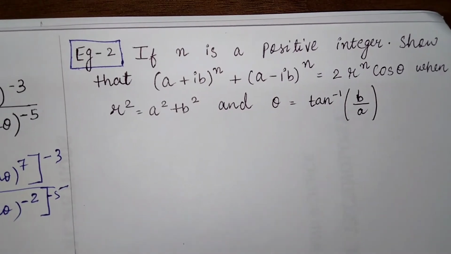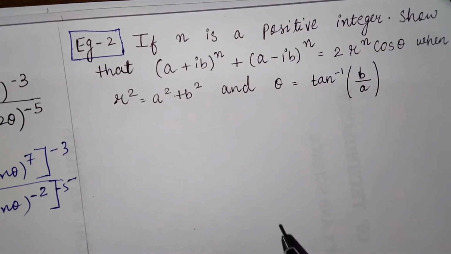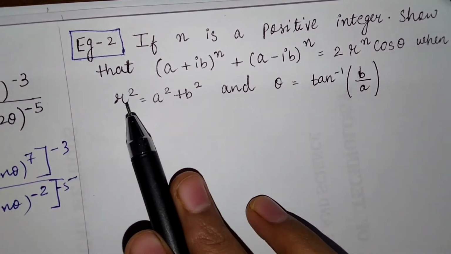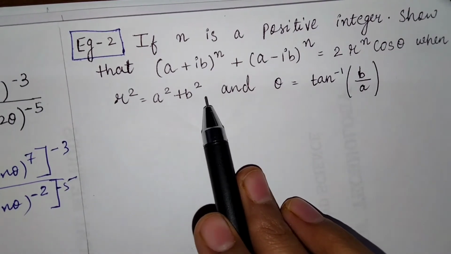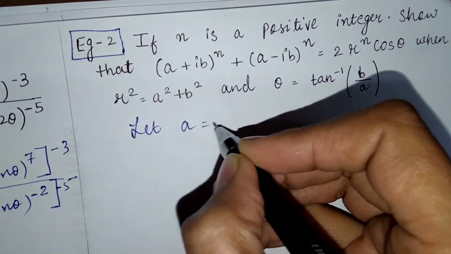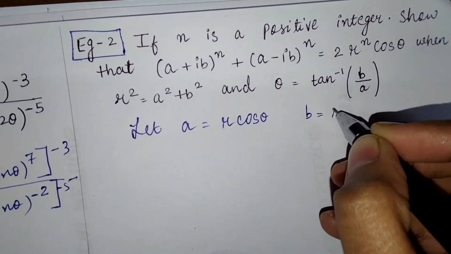Now how will we solve this? Let us see. As r square is given as a square plus b square, we take a equal to r cos theta and b equal to r sin theta.